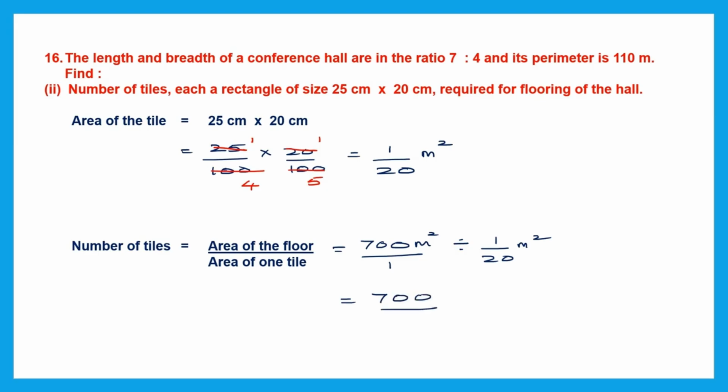So 700 by 1 into, and let's write the reciprocal, 20 by 1. 7 twos alone you multiply first. 7 into 2, it's 14. Then add all the zeros. There are 3 zeros, 1, 2, 3. So now what have we found? We have found the number of tiles, that is 14,000 tiles. So this is the answer to the second part of the question.